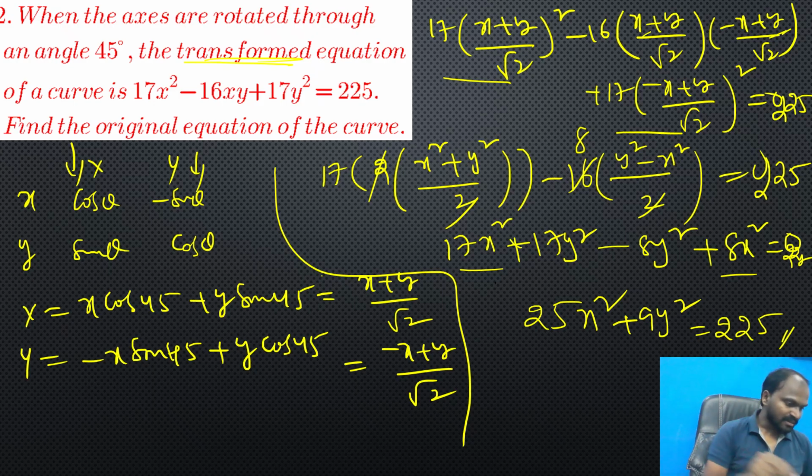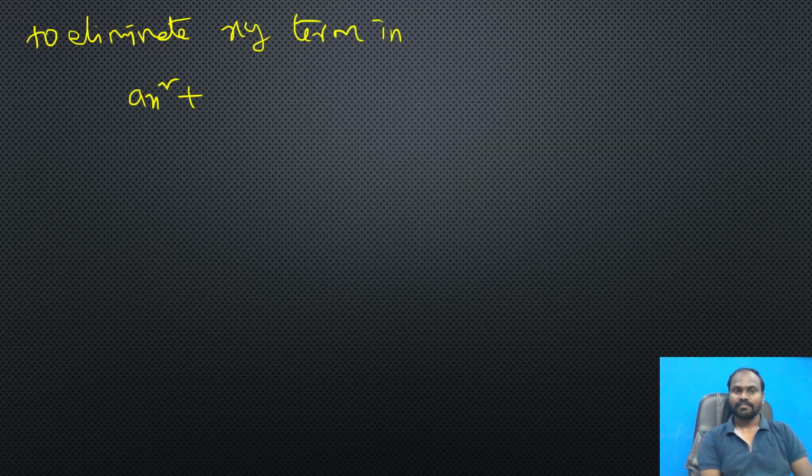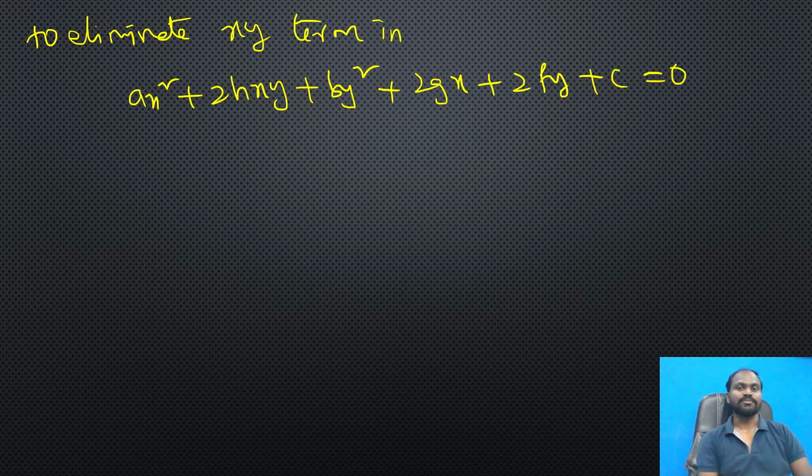Right, students? And now here we have an important point. Just like how we eliminated first degree terms in shifting the origin, here we have rotating the axes by some angle to eliminate the xy term in the non-homogeneous equation ax square plus 2hxy plus by square plus 2gx plus 2fy plus c equals to 0.